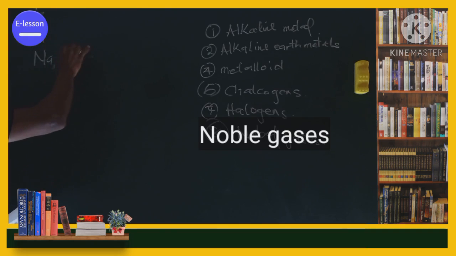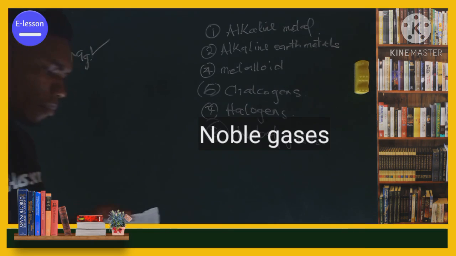The group 2 element is magnesium. So the group 2 element that is located in period 3 is magnesium. Because this is the first period, second period, third period.